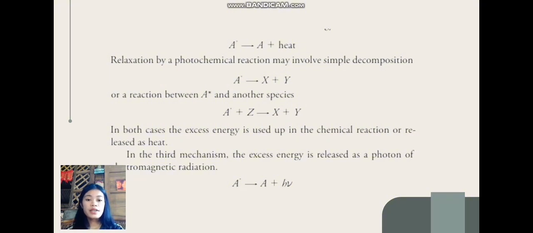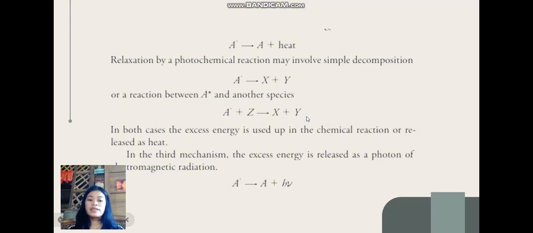First, in collision with other species, the excess energy is released as heat, as you can see in our presentation. In a photochemical reaction, it involves simple decomposition, or a reaction between the analyte's excited state and another species.